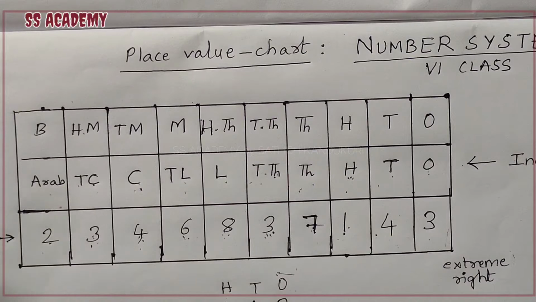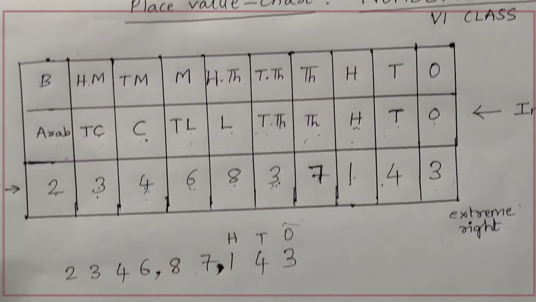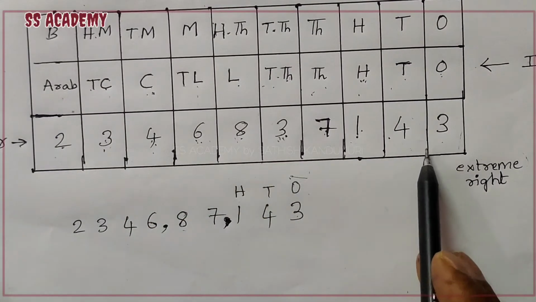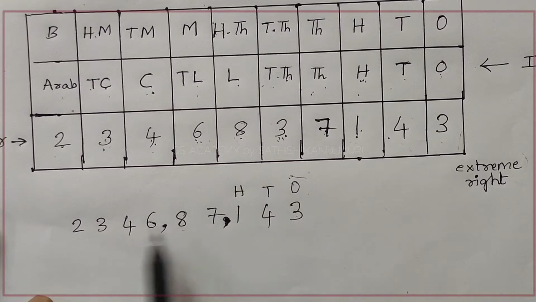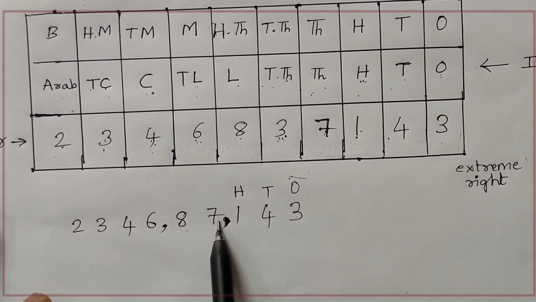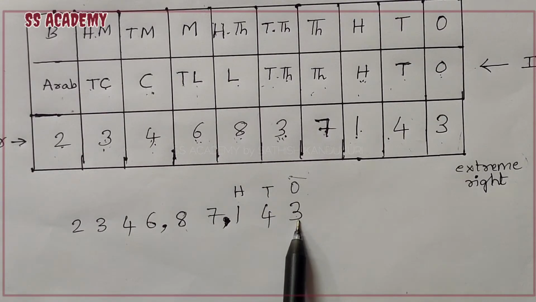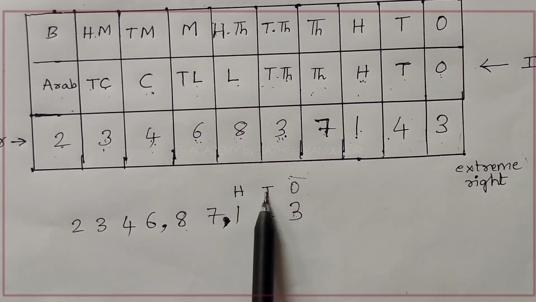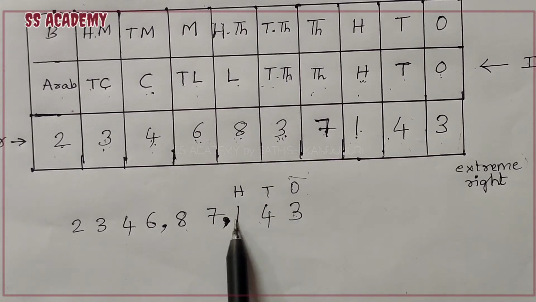So let us write the number name for this particular number. I have written the same number here: 2346874143. The first number on the extreme right is in ones place, 4 is in tens place, 1 is in hundreds place.